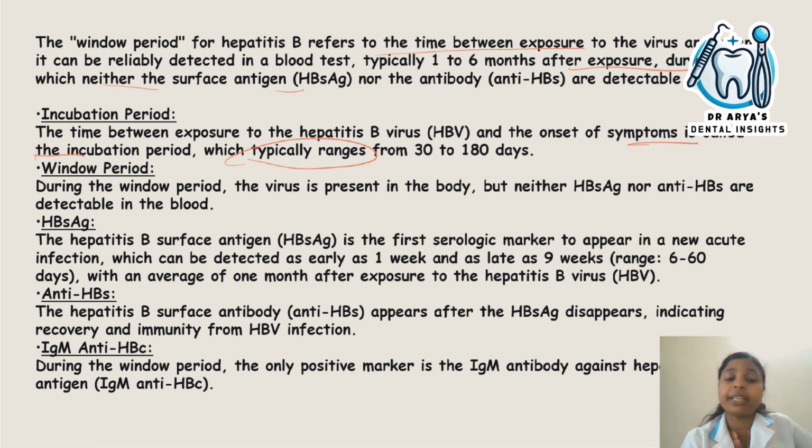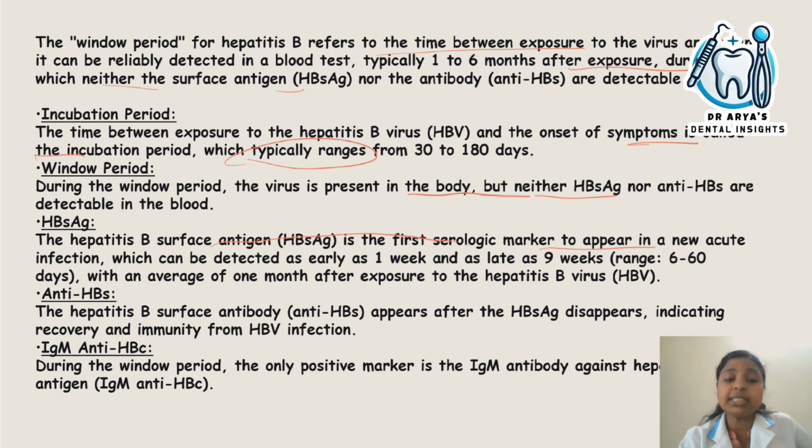During the window period, the virus is present in the body, but neither HBsAg nor anti-HBs is detectable in the blood. HBsAg is the first serologic marker to appear in a new acute infection, which can be detected as early as 1 week and as late as 9 weeks, with an average of 1 month after exposure to the hepatitis B virus.